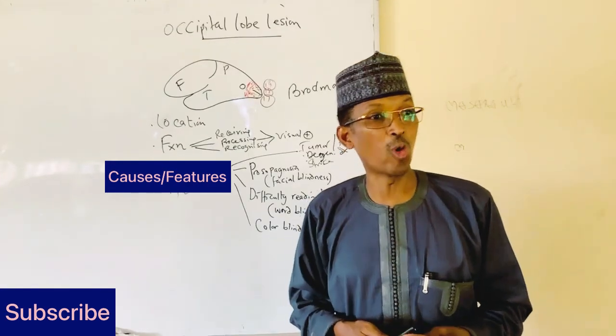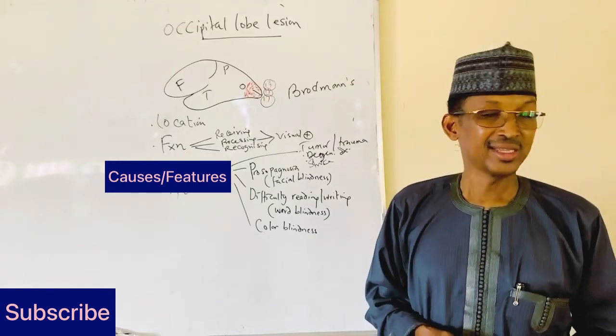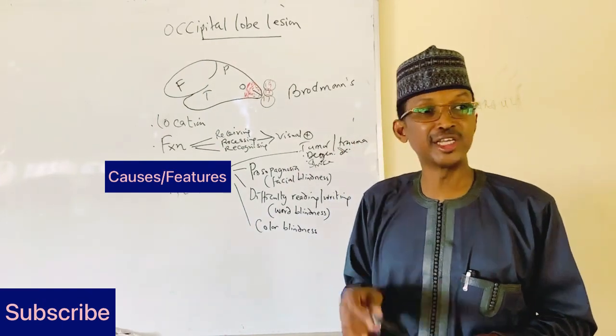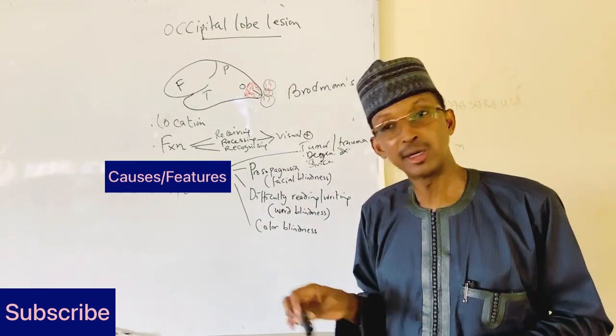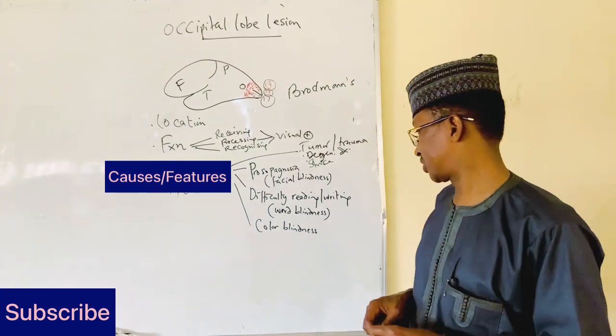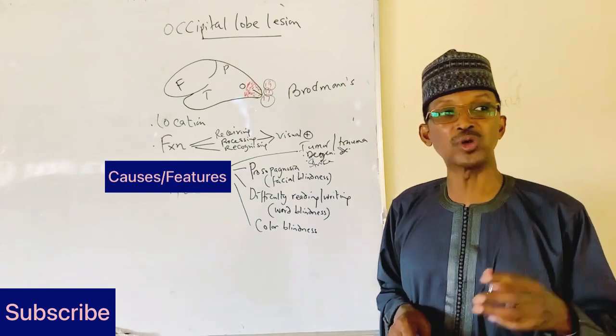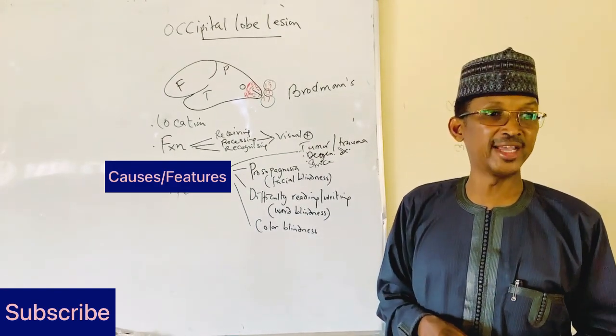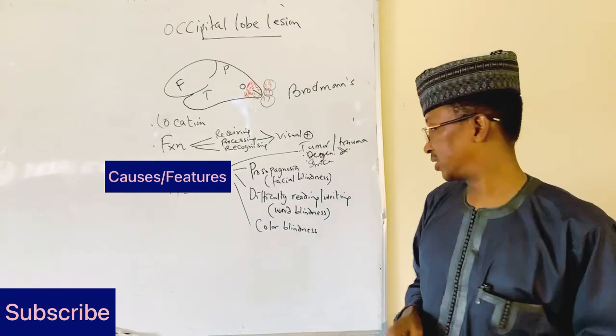That is what we call word blindness. Even though he has seen the words, he is not able to comprehend or understand what is written. Or if you ask him to write, he will just be writing, but he will not be able to recognize or understand what he has written.